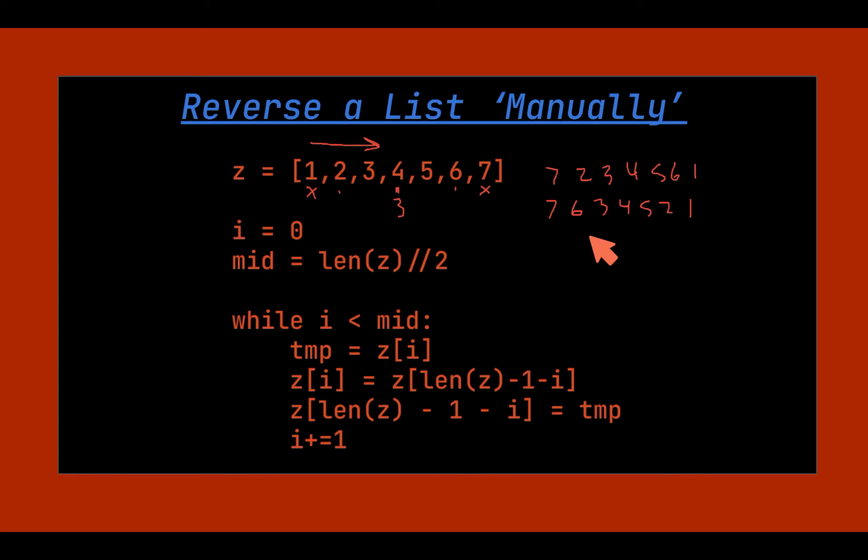After two iterations, you've got the 1 and the 2 swapped with the 7 and the 6. So as you move inward, you're going to be swapping. And eventually, it's going to turn into 7, 6, 5, 4, 3, 2, 1. So let's look at the code now.